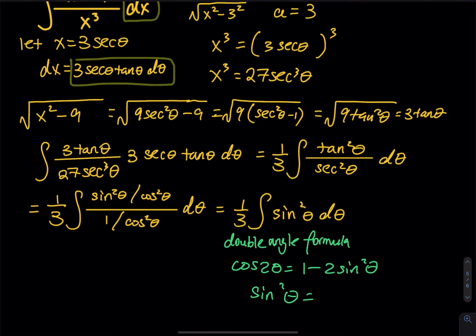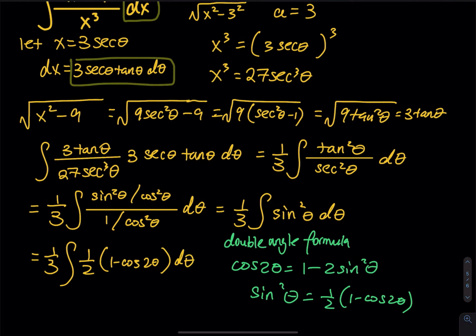That is equal to 1/2 times 1 minus cosine 2 theta. And that is how we are going to rewrite the sine square.